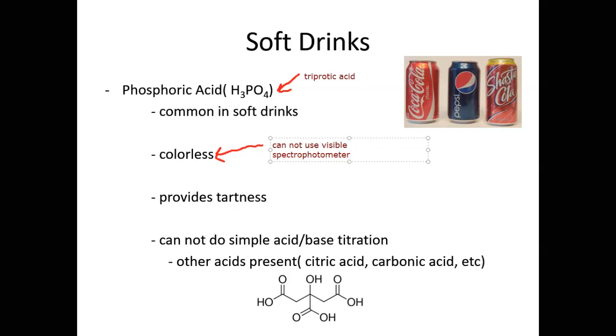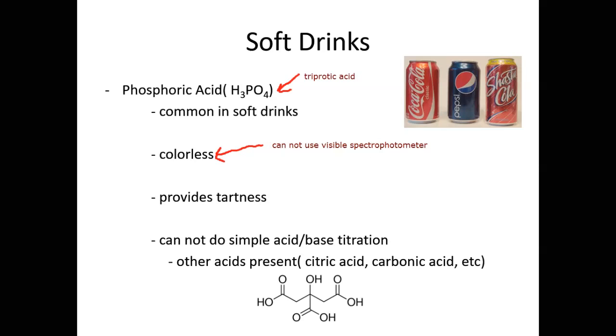Because remember, for visible spectrophotometers, you have to have a colored solution. So obviously, phosphoric acid is colorless. That presents a problem when we want to determine its concentration in soft drinks using Beer's law.